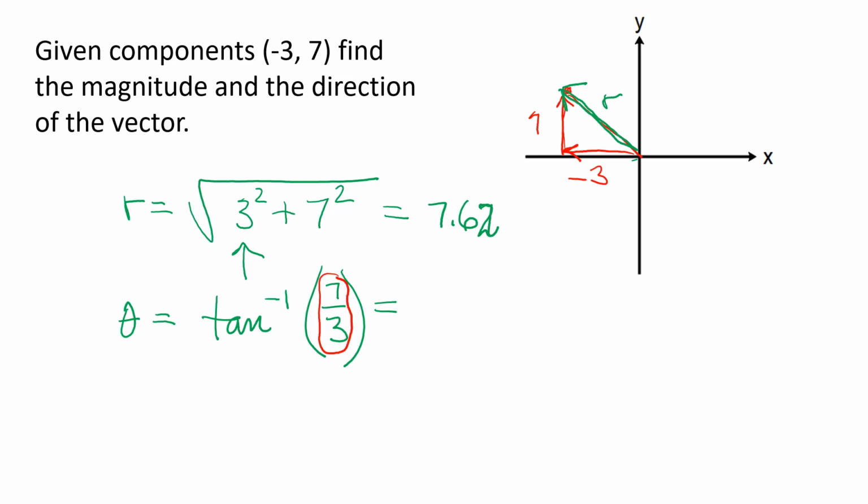It could be in the fourth quadrant, or it could be in the second quadrant where we already have it drawn, and the calculator will not tell me beyond that. All right. So this is 66.8 degrees, and since it's in the second quadrant, I have to denote that by saying north of west, or if I want the standard angle, I'll do 180 minus 66.8.